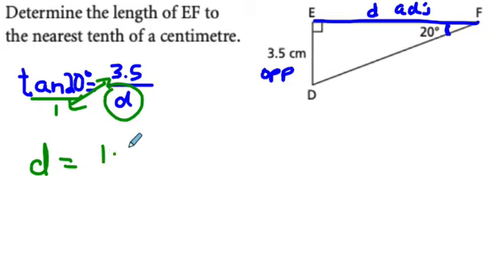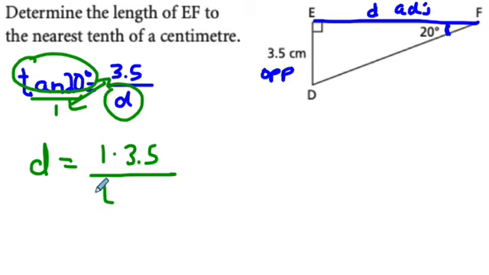So 1 times 3.5. And we divide it by the one that is on the other side of the equal sign and then above. So that would be tangent of 20. And that means we have 3.5 over tangent of 20.